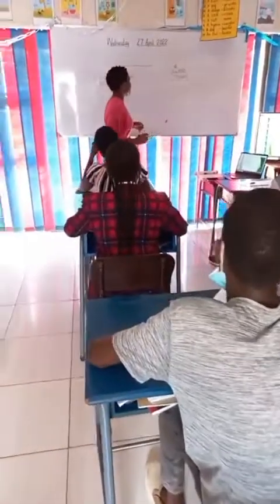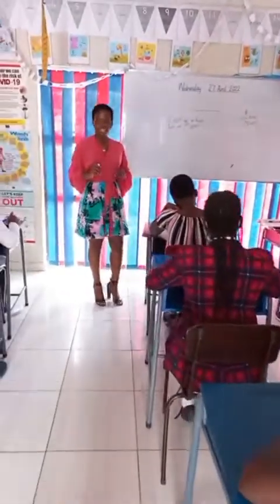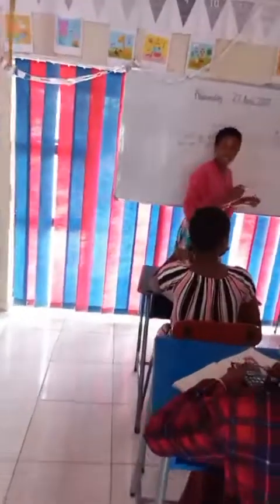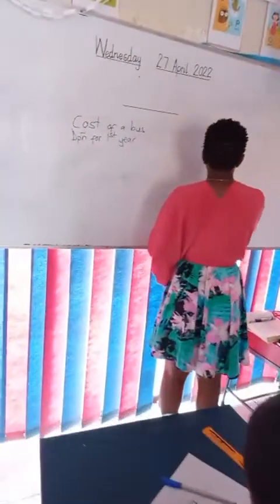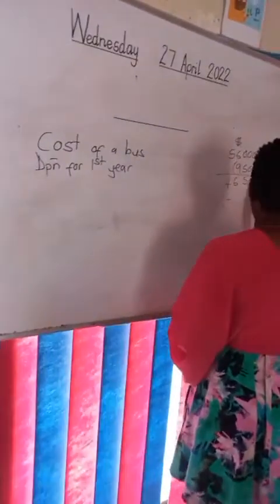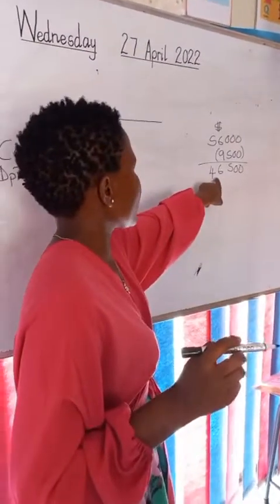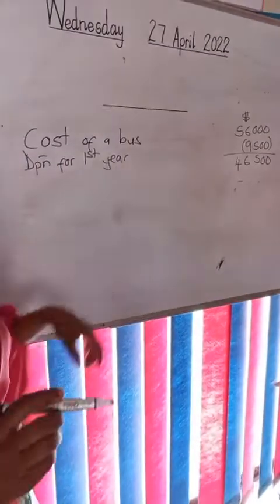Now let's subtract 56,000 minus 9,500. What do we have? Troy? 46,500. Is that so? Yes. So after first year, our bus was now costing 46,500. It had depreciated by 9,500.